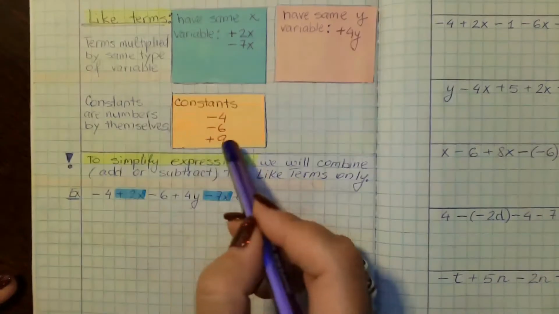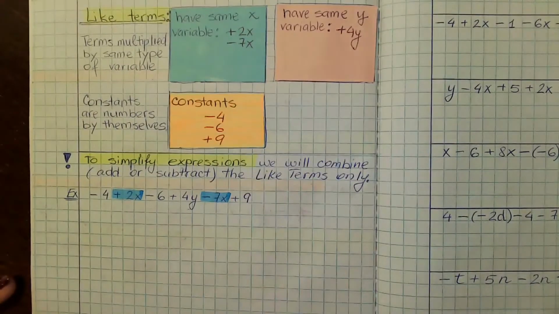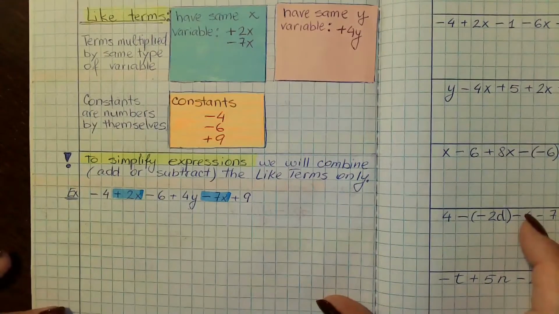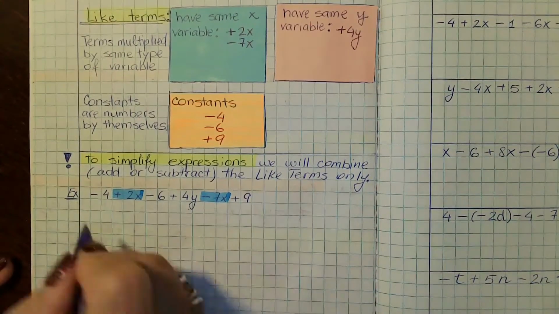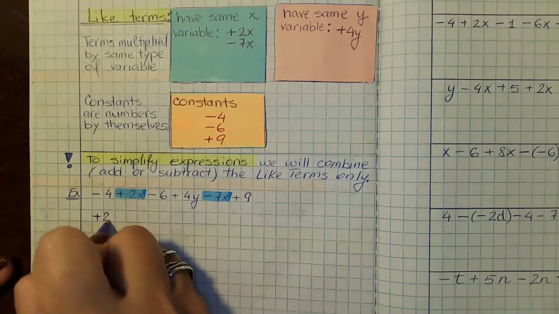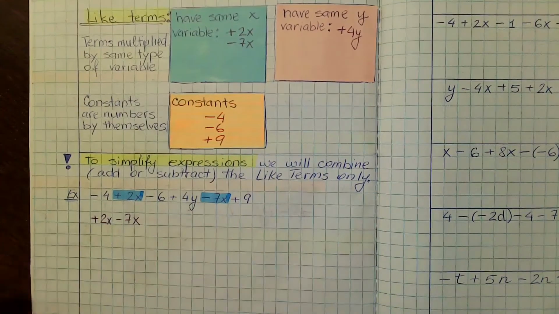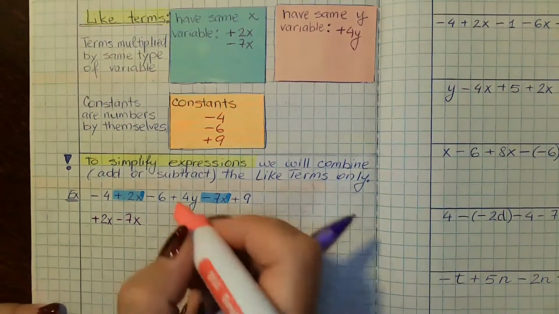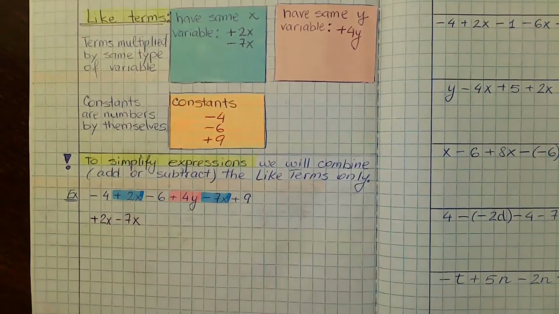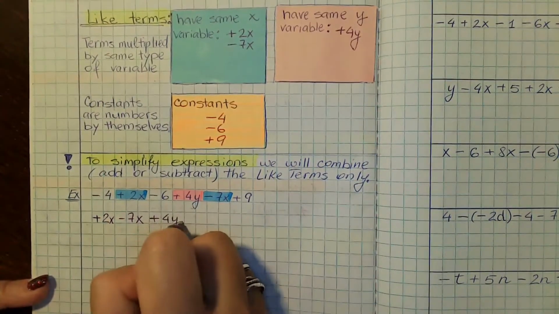Constants are always at the end of the expression. So the variables go in alphabetical order, constants to the end. So that said, my x terms go first, positive 2x minus 7x. Then my y term, plus 4y.